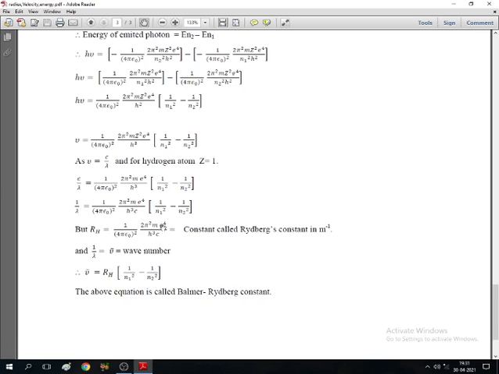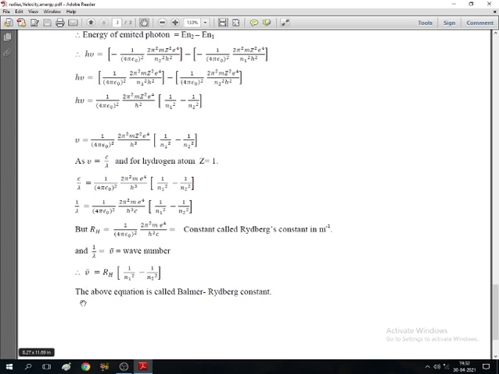is a constant term which is called Rydberg's constant, and it is represented by RH. And 1 upon lambda is the wave number, represented by nu bar, and therefore this equation becomes nu bar is equal to RH into 1 upon n1 square minus 1 upon n2 square.